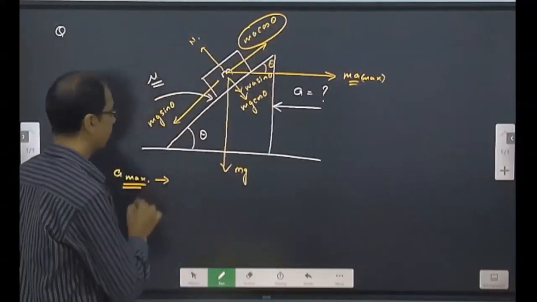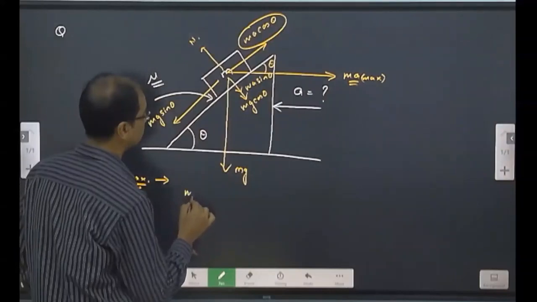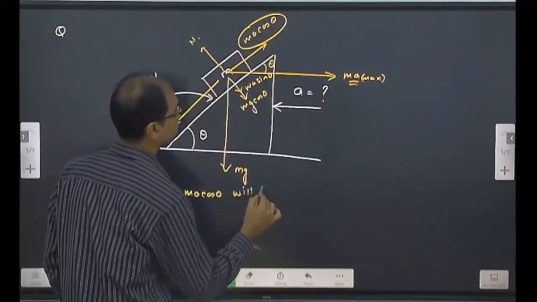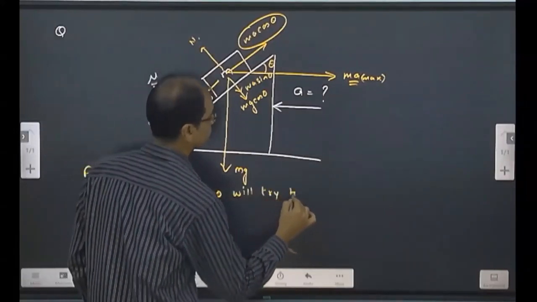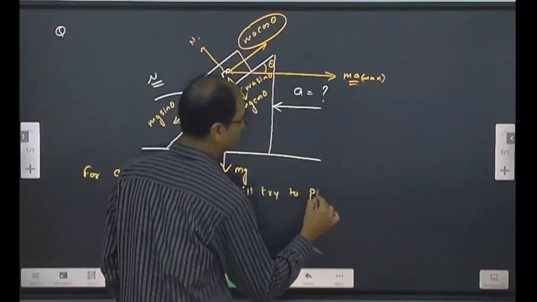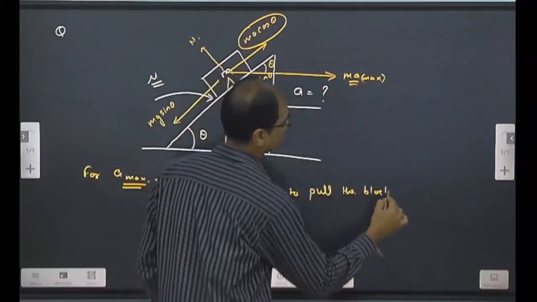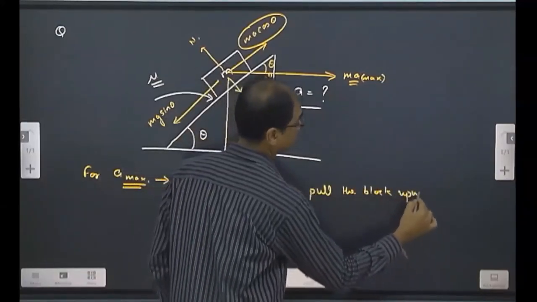For maximum acceleration, ma cos theta will try to pull the block upwards because it's maximum.